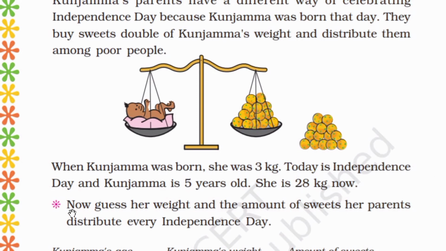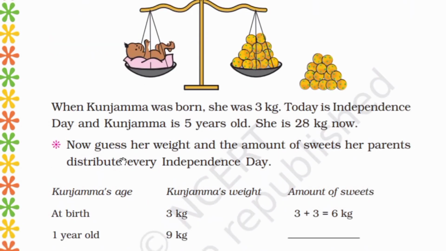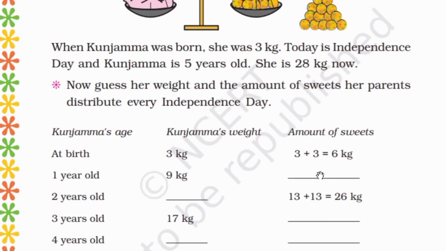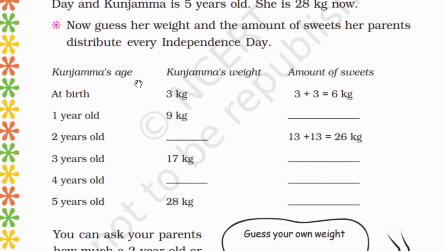Today is Independence Day and Kunjama is 5 years old. She is 28 kg now. Now guess her weight and the amount of sweets her parents distribute every Independence Day. Kunjama's age, Kunjama's weight, amount of sweets. At birth, 3 kilograms.